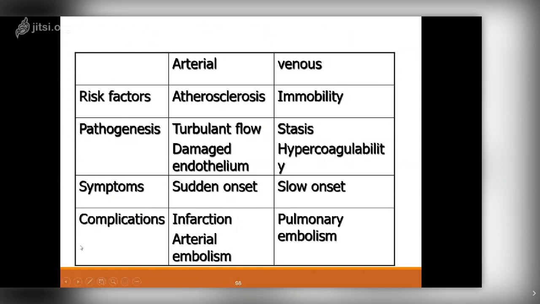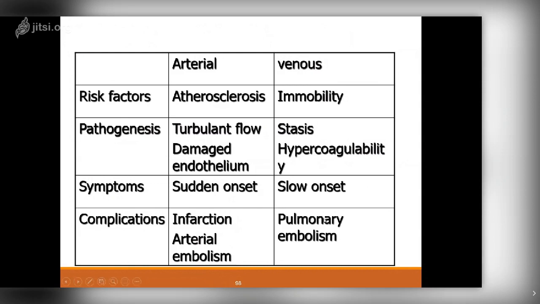And the main complication that occurs due to arterial thrombi is infarction of different organs or ischemic necrosis due to interruption of blood flow, and arterial embolism when, for example, the specimen of thrombus from the larger vessel may detach and flow in the direction of blood flow, occluding smaller vessel.